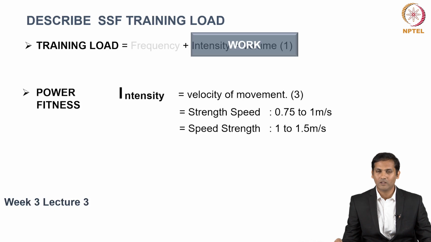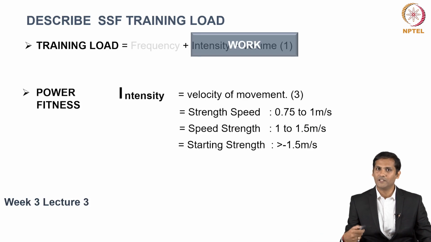In speed strength, you use a light load, but you move that light load at a much higher velocity. The range of the velocity given is 1 to 1.5 meters per second. Then the third type of power training is where you do not use any external load. You use only your body weight, but the velocity of the movement is very high. It is equal to or greater than 1.5 meters per second.